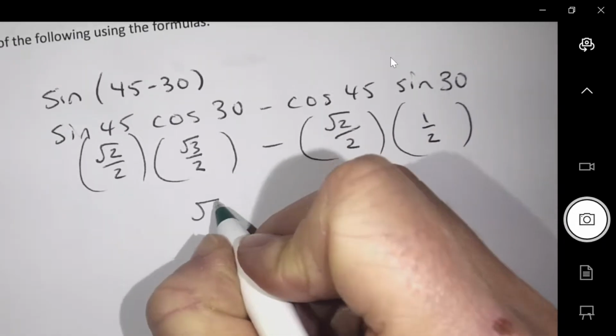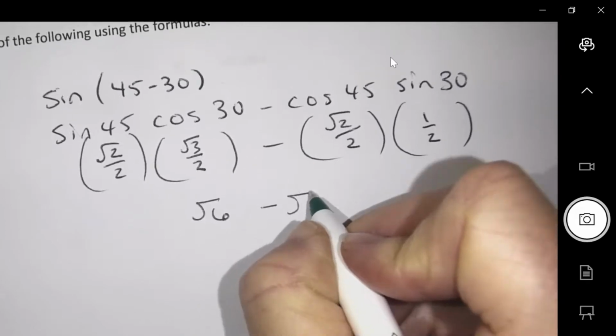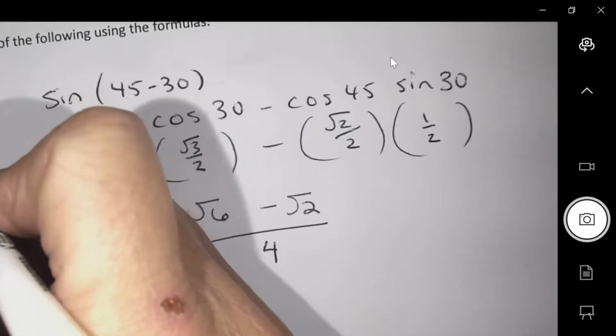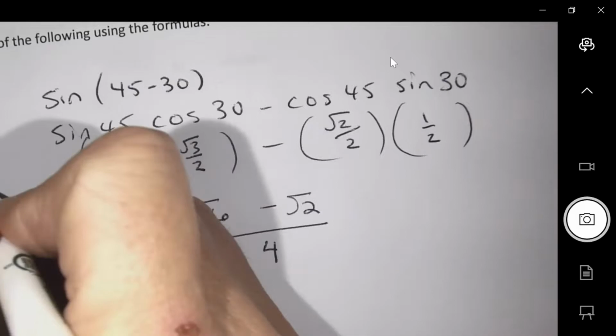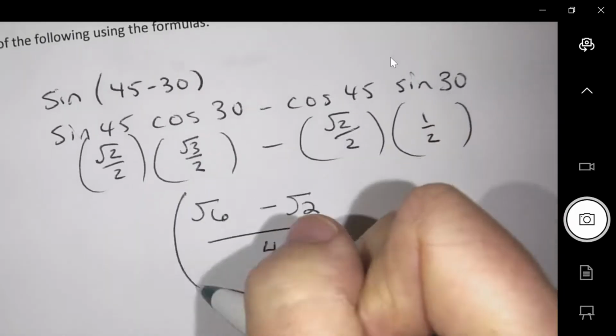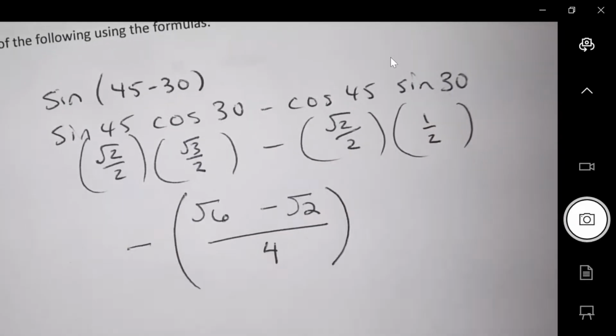So this is a root 6 minus a root 2 over, they're all over the same bottom, 4. Last thing here, what do I know about the ASTC stuff going on with sine there? It's negative, so I throw brackets on that and negate the value of it.